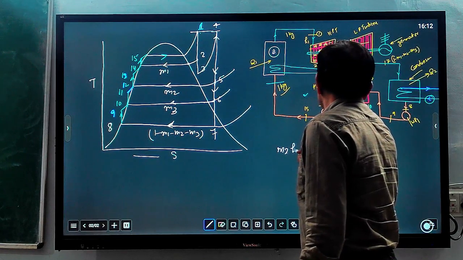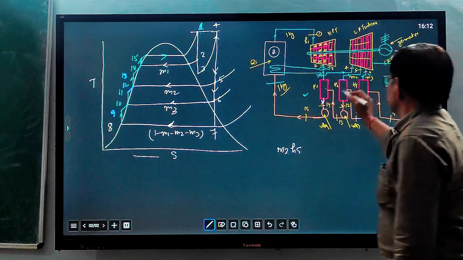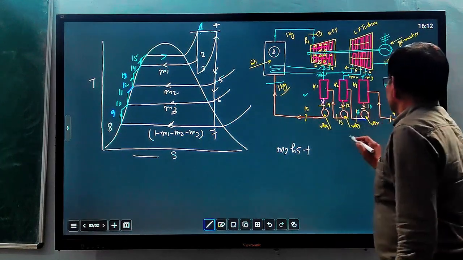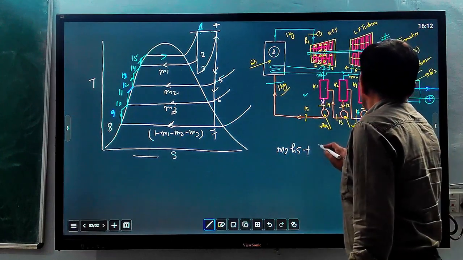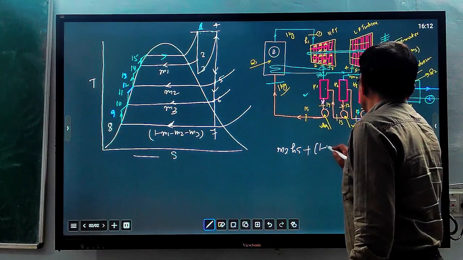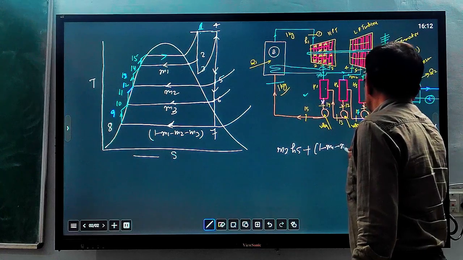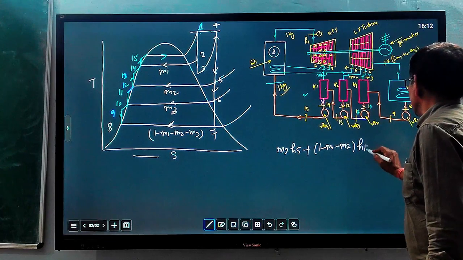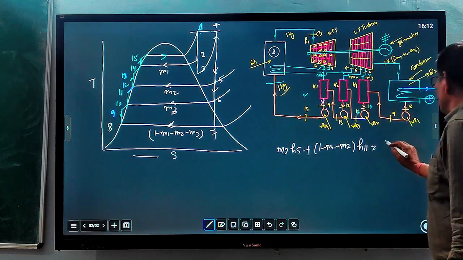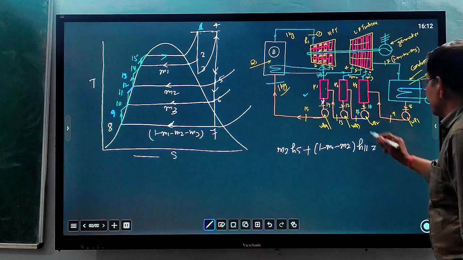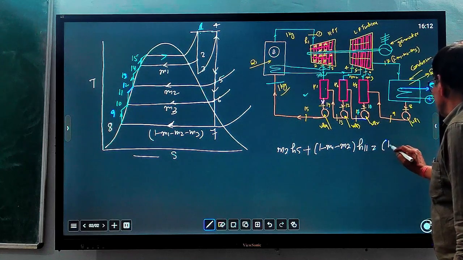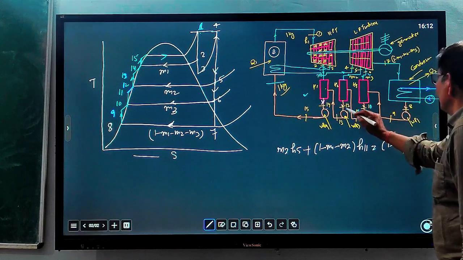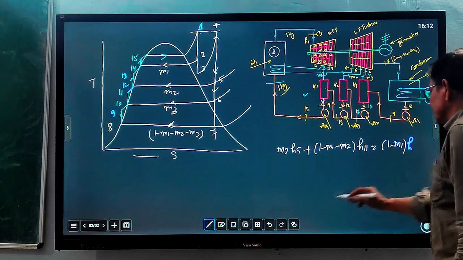M2 into H5, because at state 5 M2 is taken, plus from this system (1 minus M1 minus M2) into H11 equals, because M2 is mixing, the remaining quantity will be (1 minus M1) into H12.